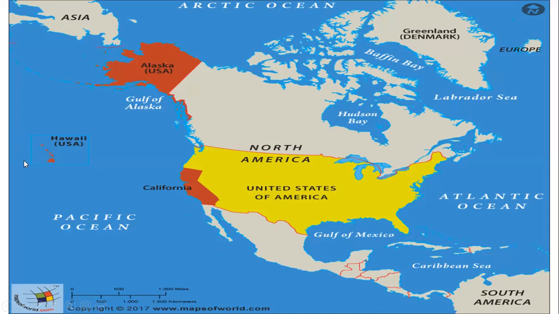And out here in the ocean, we have Hawaii. Why is Hawaii out there in the water? What is that called? If Hawaii is in the middle of the water, there's no land connecting it to anything else. Hawaii is also an island. Very good, an island.